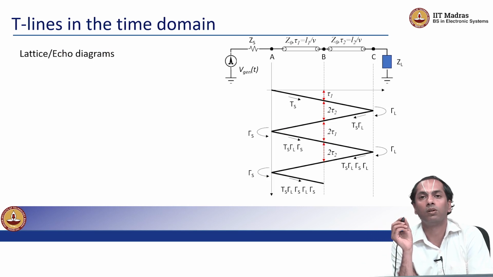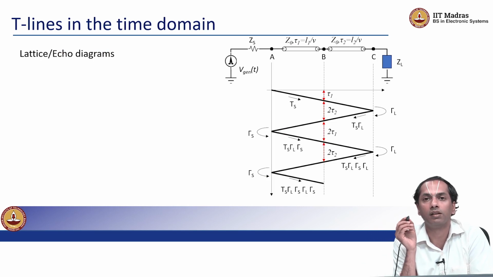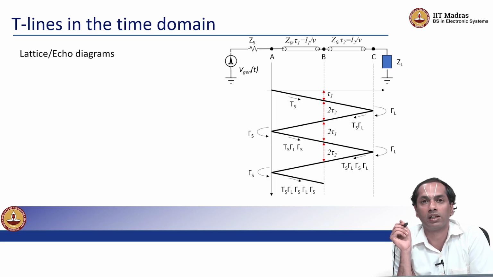Okay. So, now I think we are ready for a concept in transmission lines which we call lattice diagrams, right. So, essentially let us try to picture what is going on when I have a sinusoidally changing source voltage that is connected via a transmission line to a load ZL or RL, right.